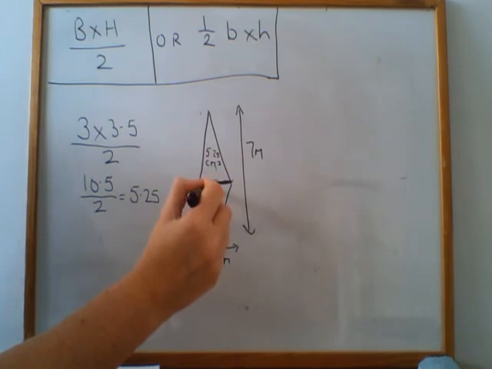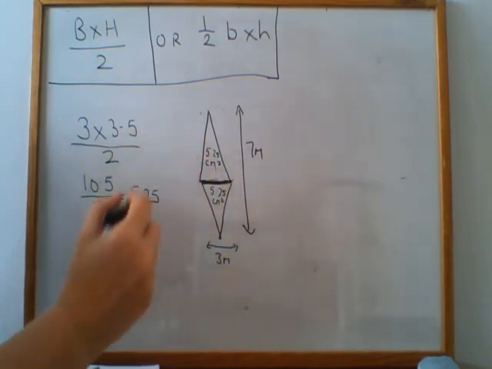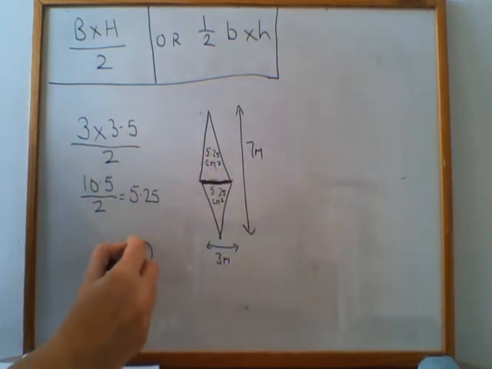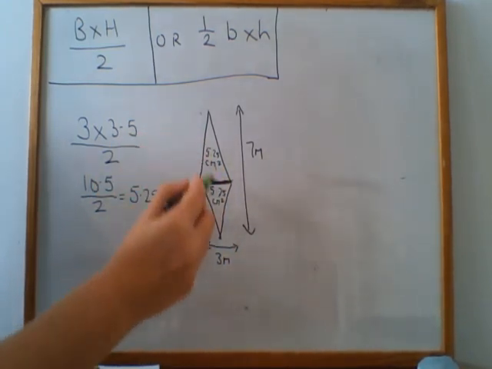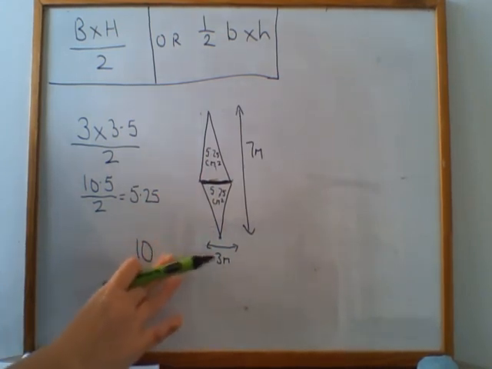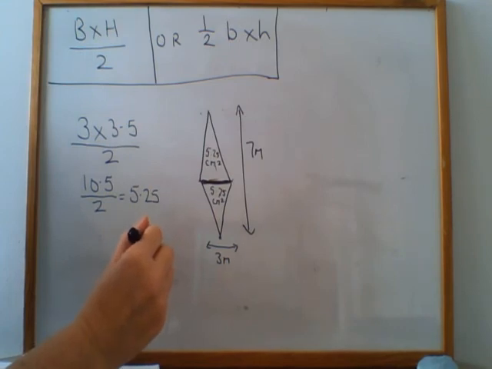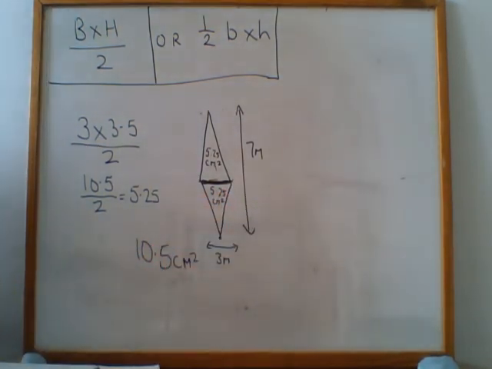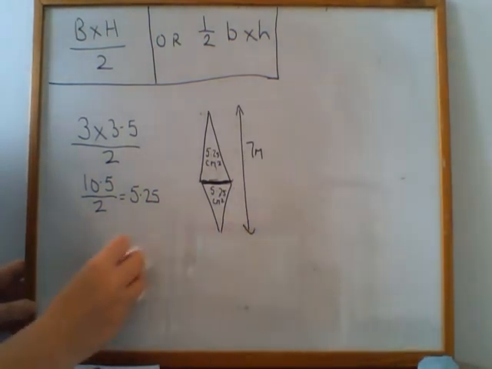Remember I said this one would be exactly the same. So 5.25 centimetres squared and 5.25 centimetres squared. The area of these two triangles joined together would be 10.5 centimetres squared. Let's look at the last one on question 3 now.